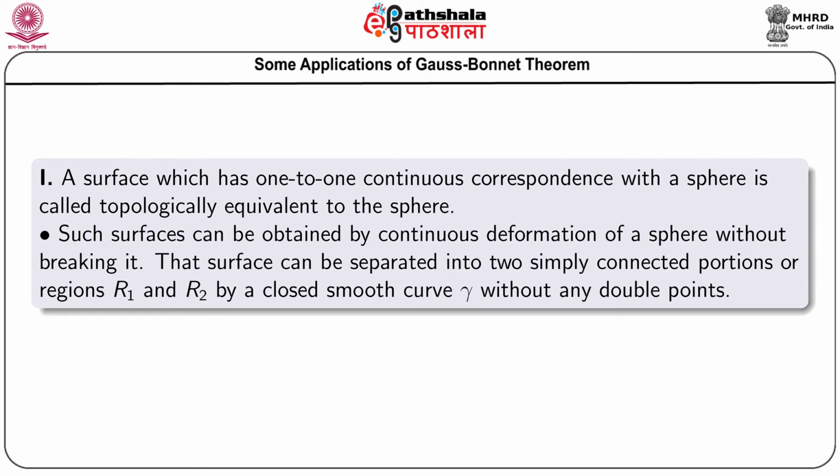Then that surface is topologically equivalent to the sphere, and that surface can be separated into two simply connected portions or regions R1 and R2 by a closed smooth curve gamma without any double points. That means, without any crossing, we can consider that surface in two portions R1 and R2.